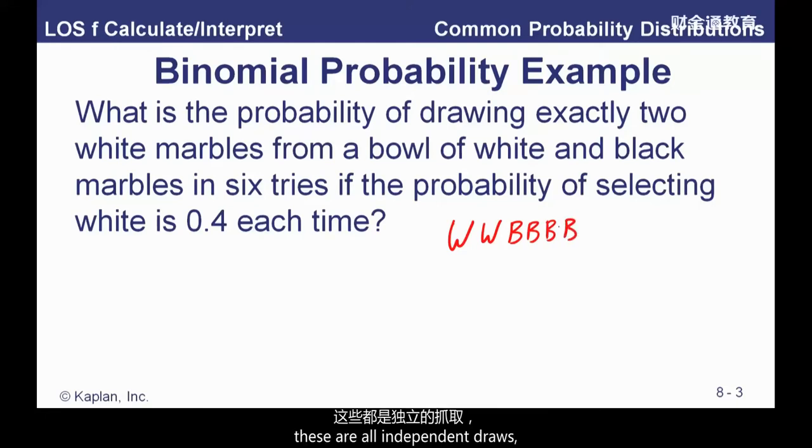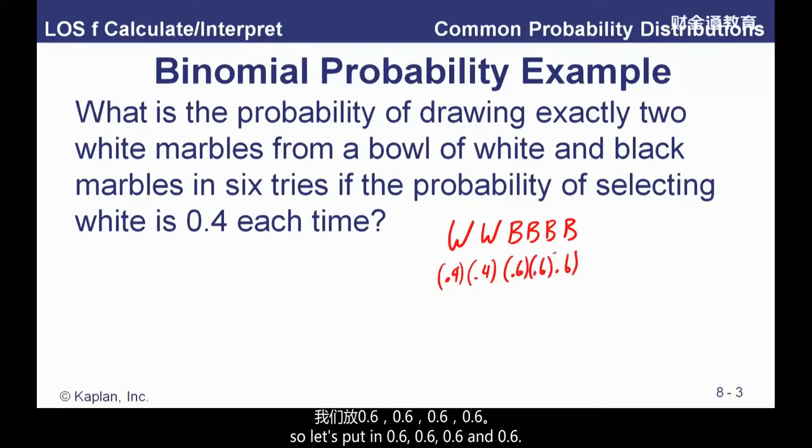These are all independent draws. So the probability of getting a white one is 0.4. That's our probability of success, and we can put 0.4 in there twice. And the probability of failure is 1 minus 0.4, so let's put in 0.6, 0.6, 0.6, and 0.6.